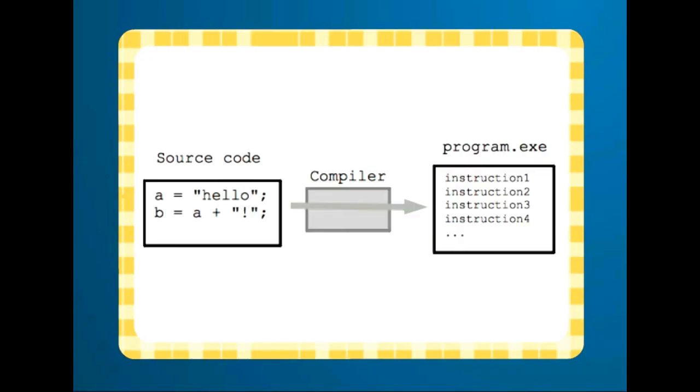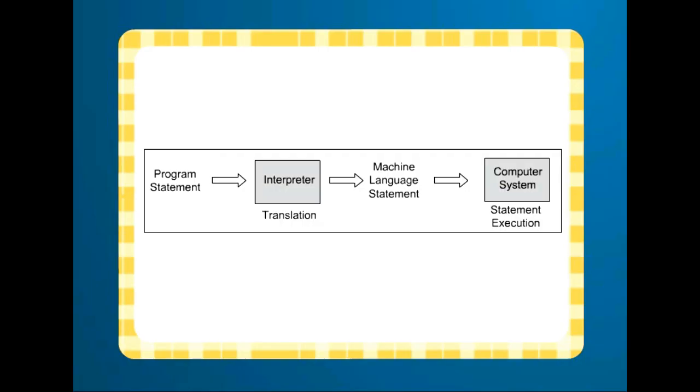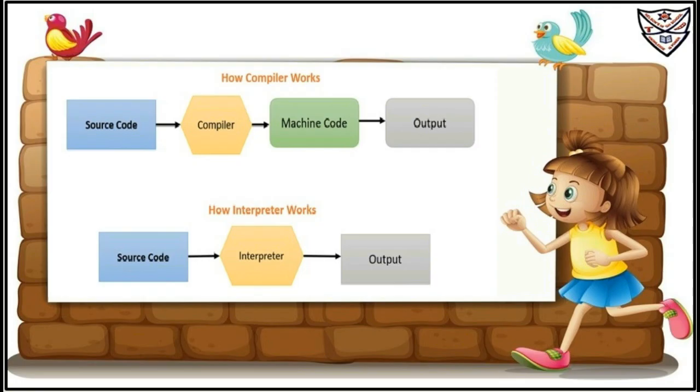C++, COBOL, etc. are examples of languages using a compiler. Interpreter, a translator which converts a high-level language program to machine code line by line. BASIC and Python are examples of languages using an interpreter.